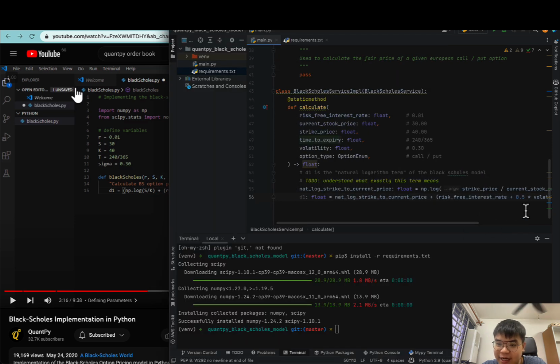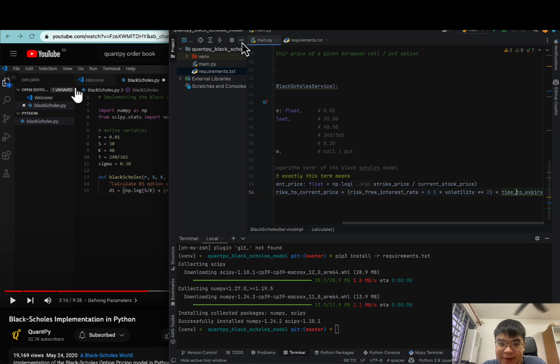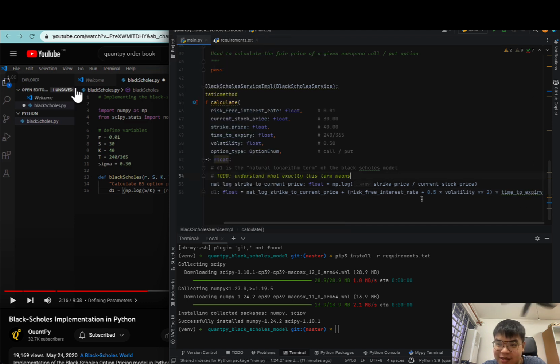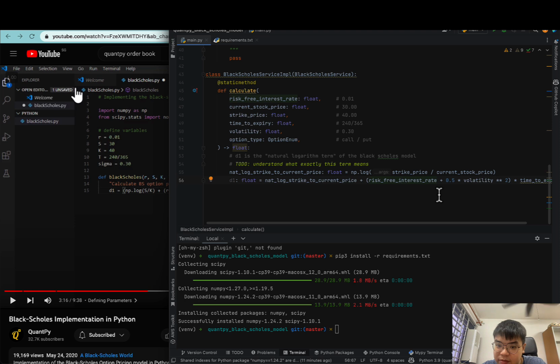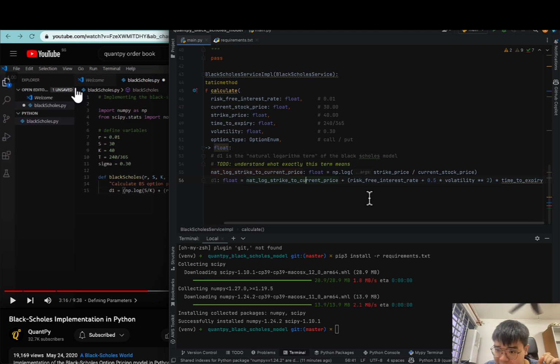Okay, nice. It looks like ChatGPT actually managed, no, sorry, in this case, this is just my copilot here. But in this case, we were able to get the formula easily here. So D1 in this case is the natural logarithmic term, and that is consisting of two terms.